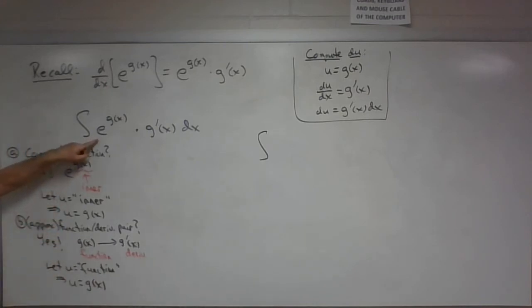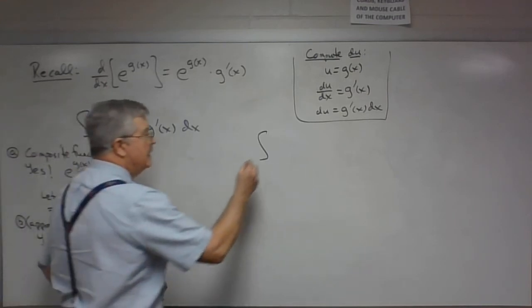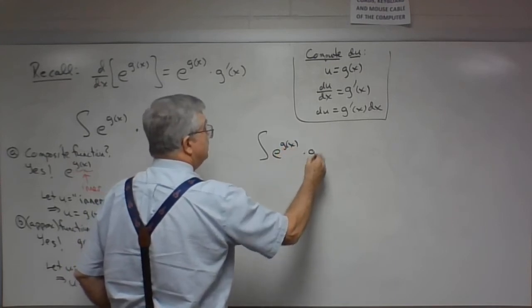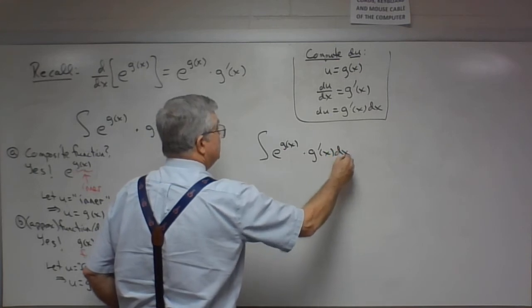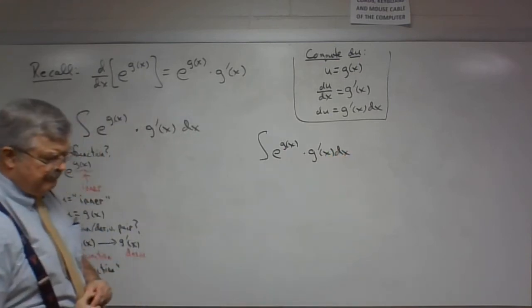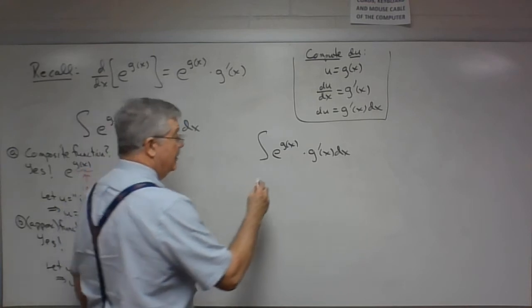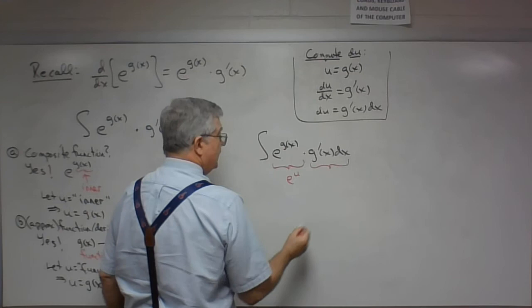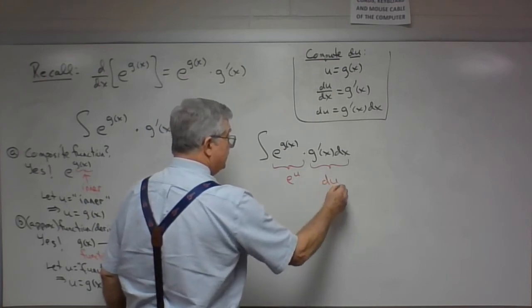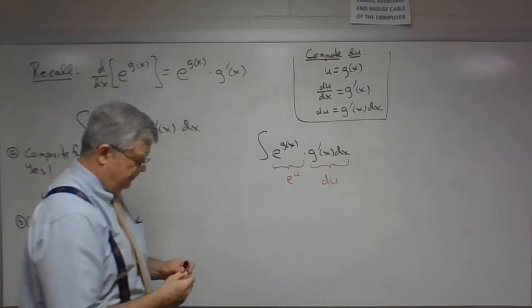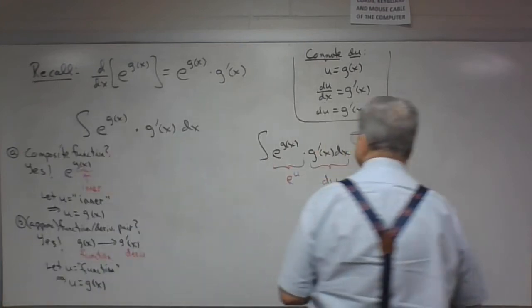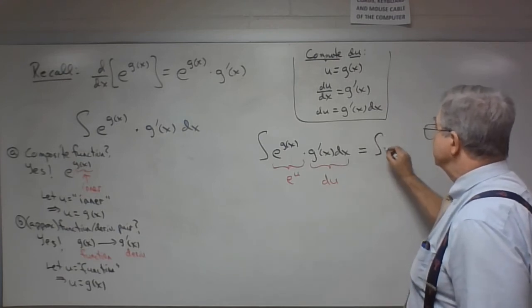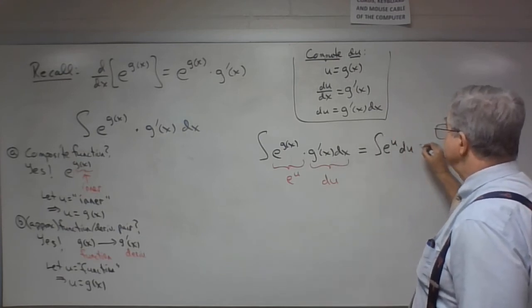So here's what our integral looks like. e to the power of g of x times g prime of x dx. In terms of u, this is e to the u. In terms of du, this is du. In terms of u, we just have e to the u du.